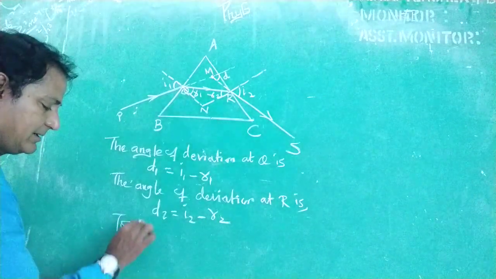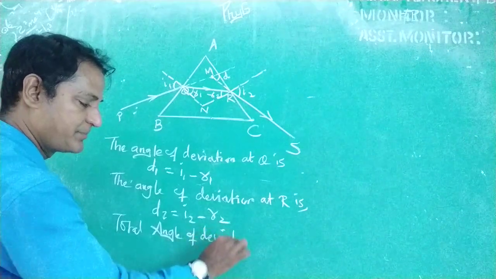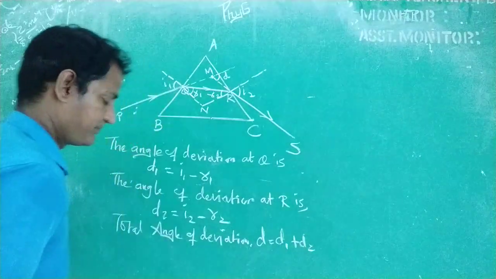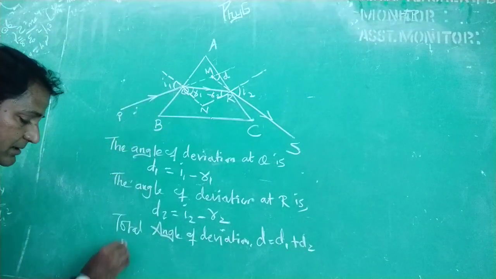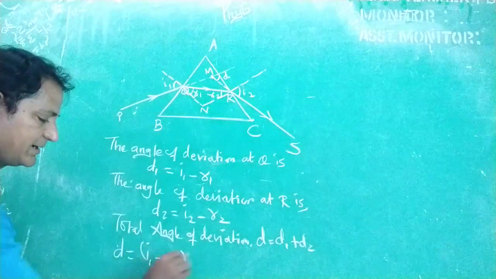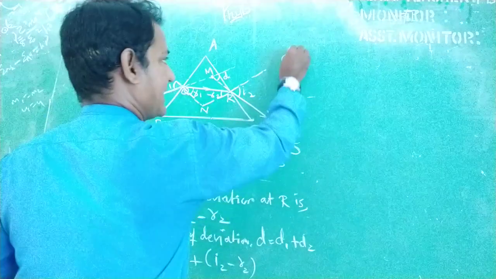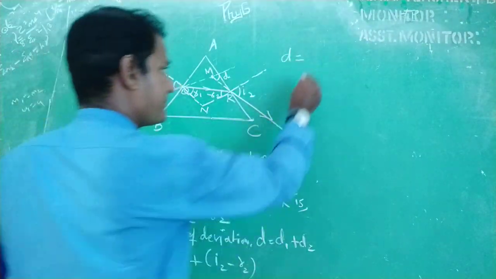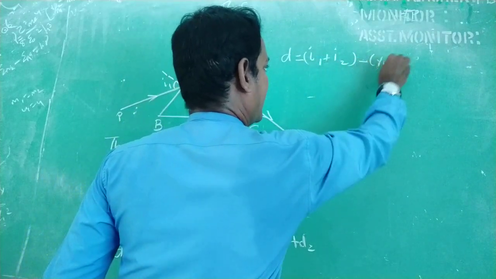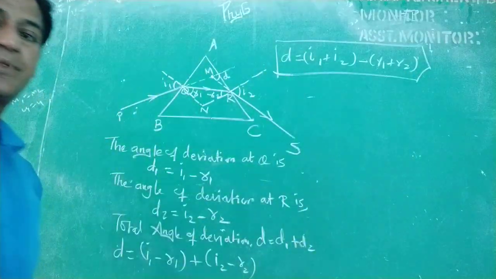The total angle of deviation D is equal to D1 plus D2. It means D is equal to I1 minus R1 plus I2 minus R2, which I can also write as I1 plus I2 minus (R1 plus R2). Call this equation 1.